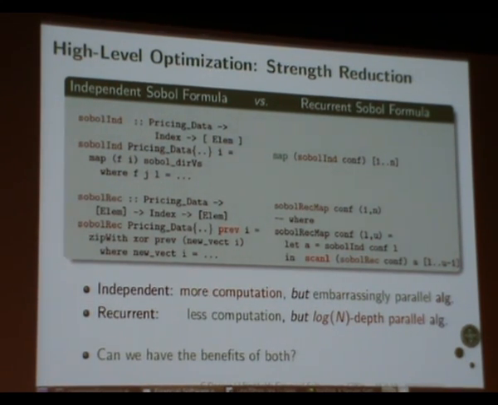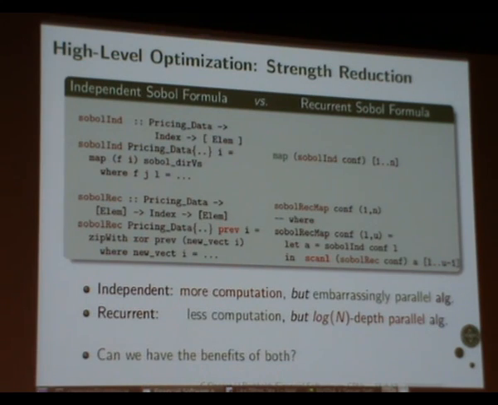This is because this operator can be decomposed into an associative operator. For example, look here, this is a zip with XOR, and XOR is associative. Then this will lead to a low depth parallel algorithm, which performs less computation.